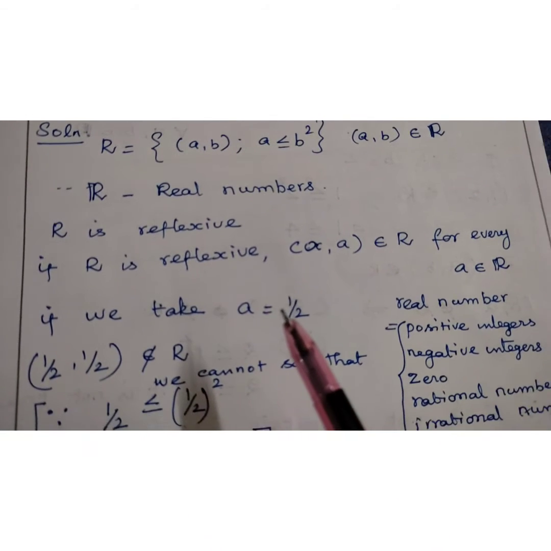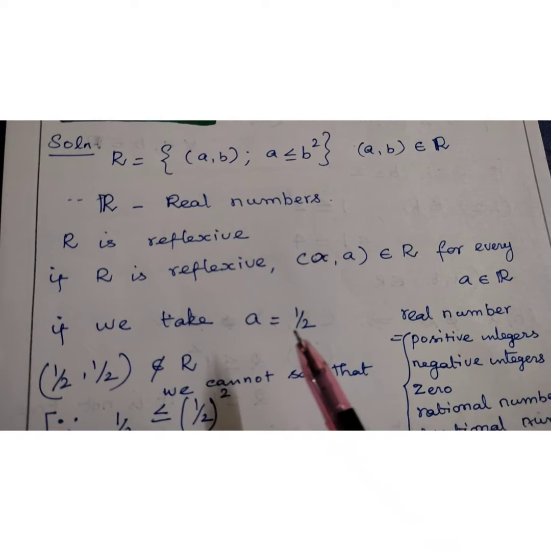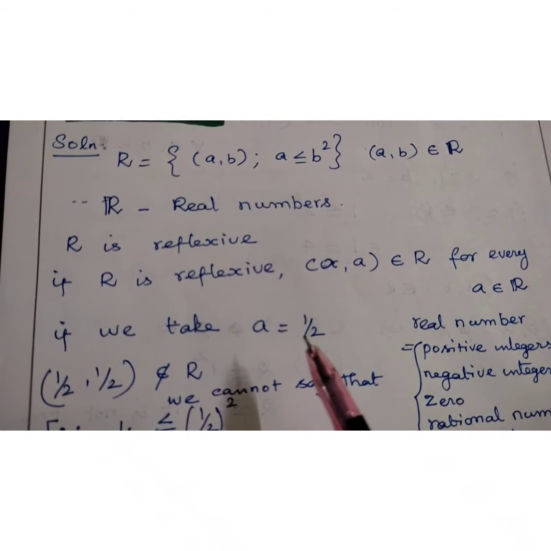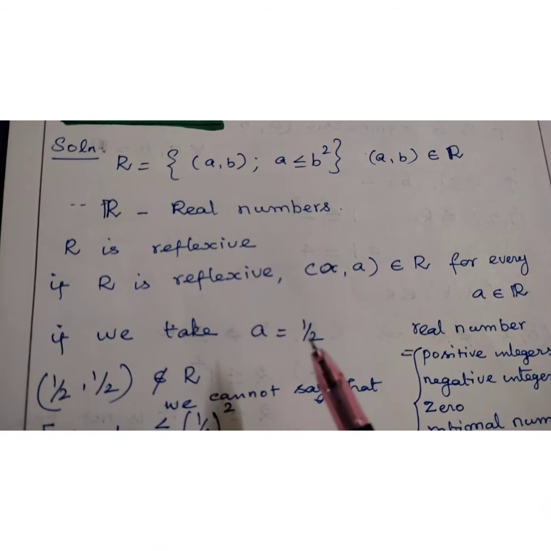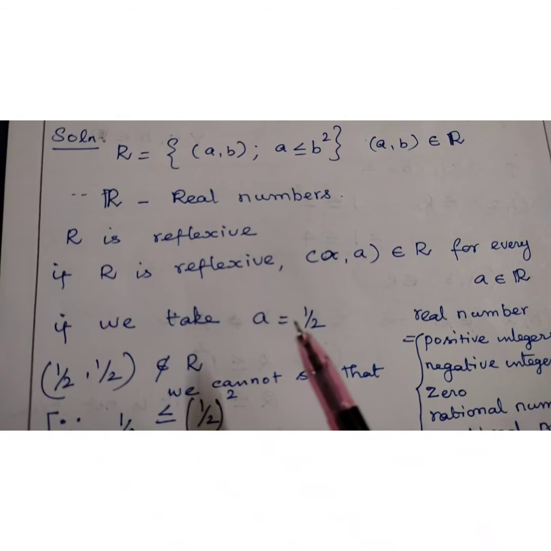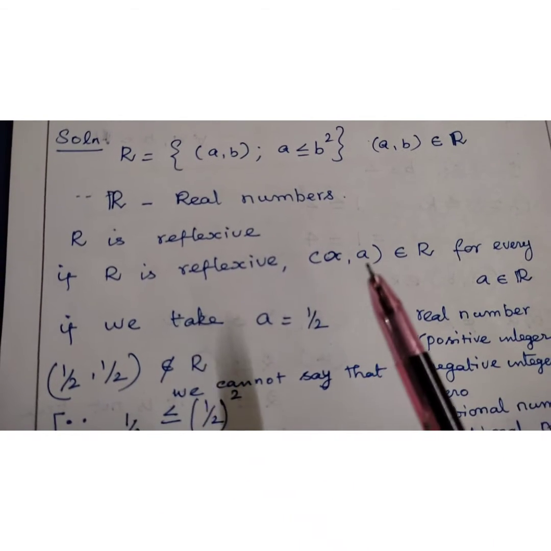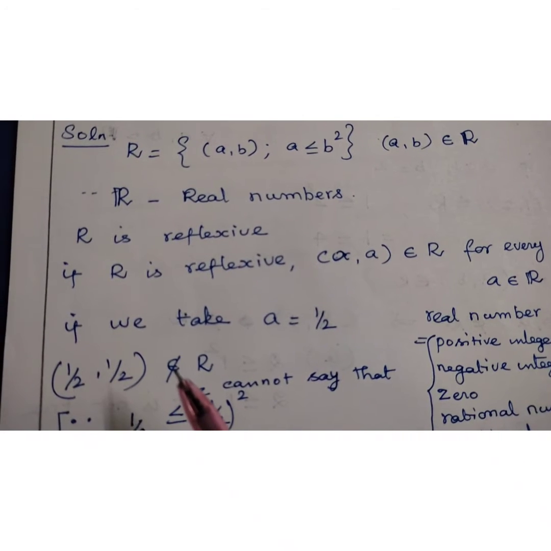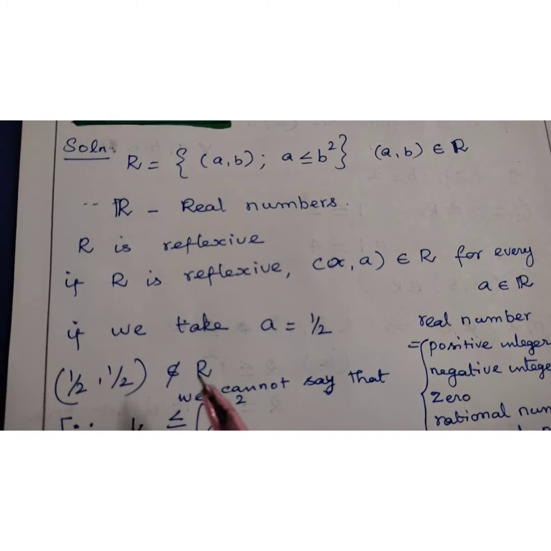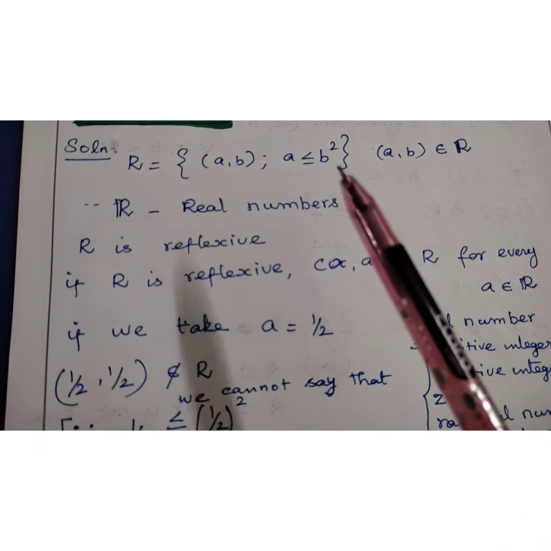If we take a equal to half, because real numbers consist of fractions also, then the pair is (half, half). It does not belong to R because the given condition is a less than or equal to b square.